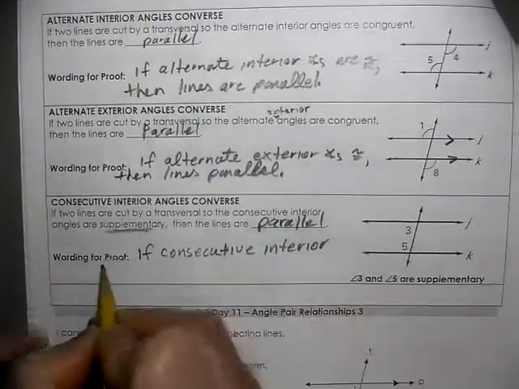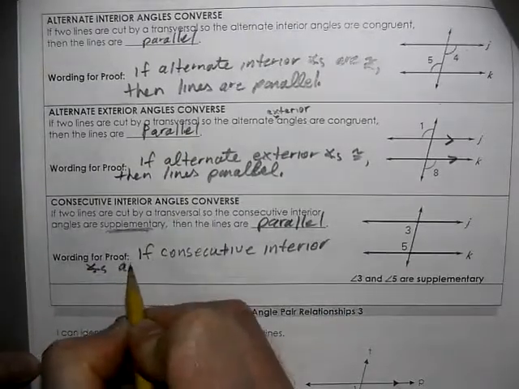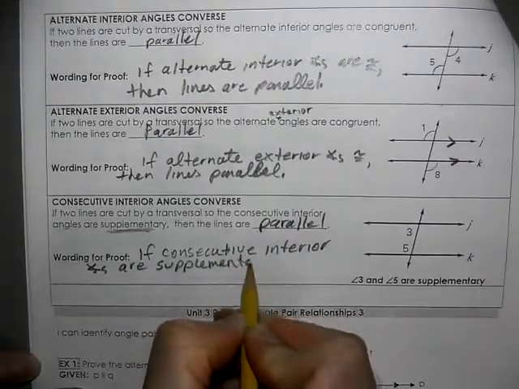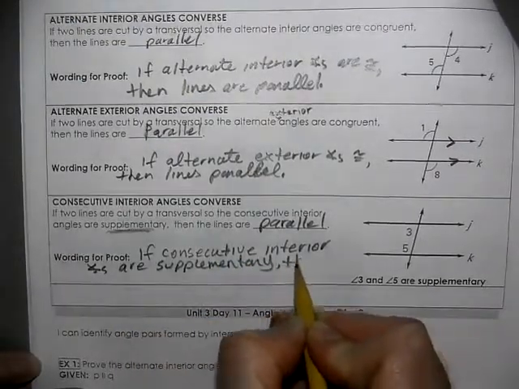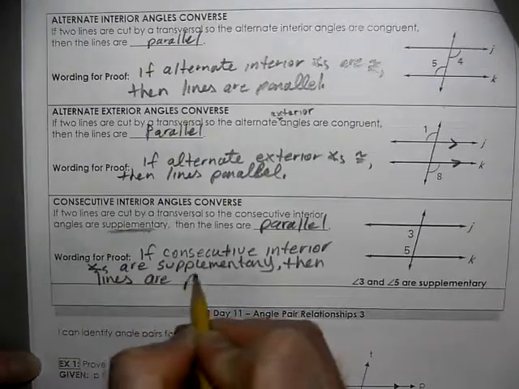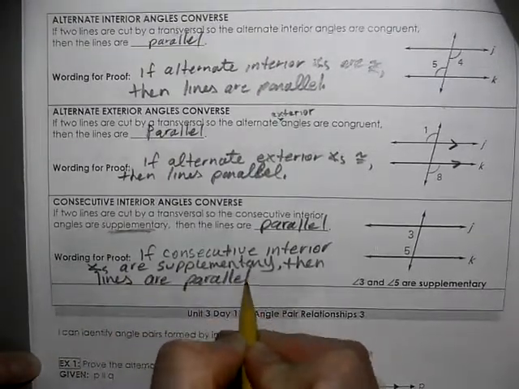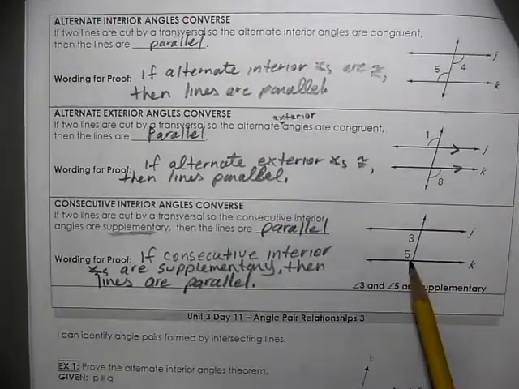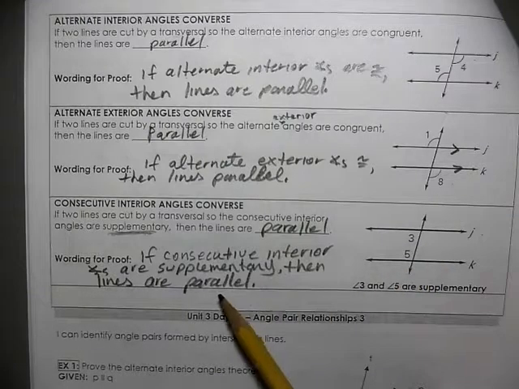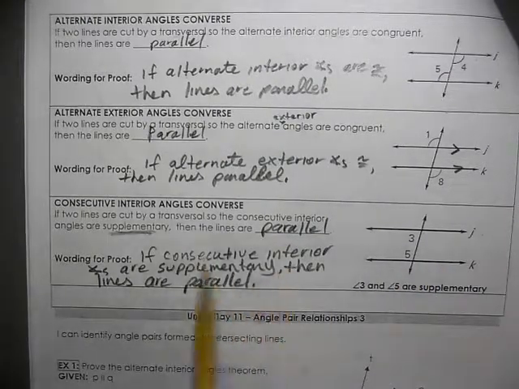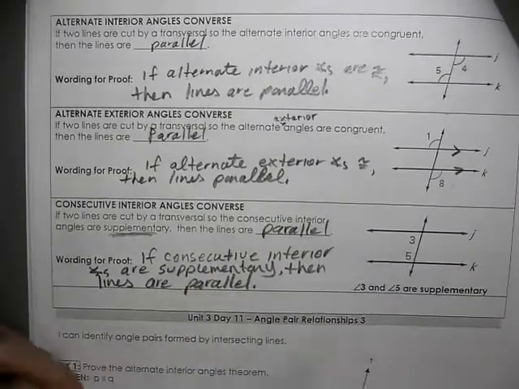If consecutive interior angles are supplementary, then lines are parallel. So we're proving lines are parallel, and we did that by knowing that the consecutive interior angles are supplementary.